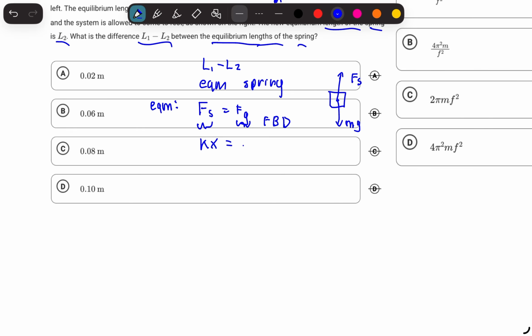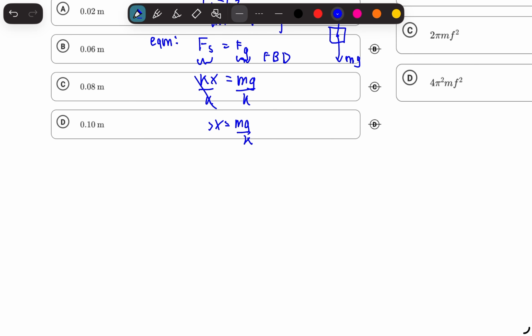So you can replace that with mg. Now, after that, you are going to solve for x by dividing both sides by k. And you have x is equal to mg over k. So that is going to be your compression.